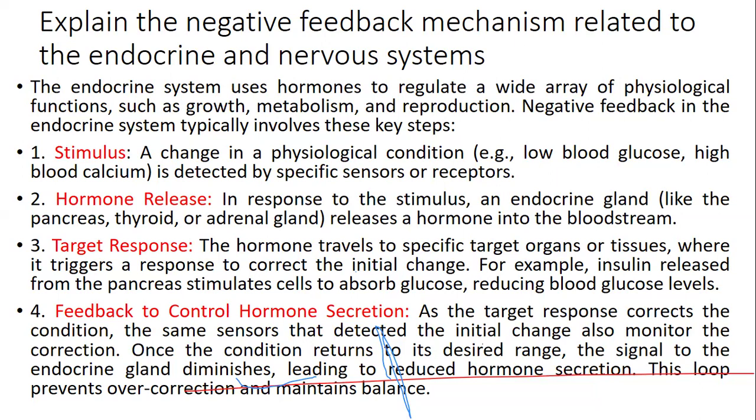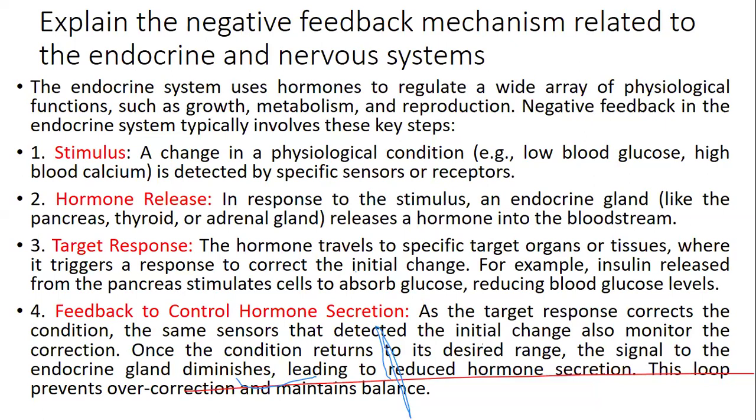So the beta cells, remember, secrete insulin, while the alpha ones secrete glucagon. So it means that both cannot be stimulated at the same time. There will have to be the necessary stimulus that will stimulate the right glands or the right cells.